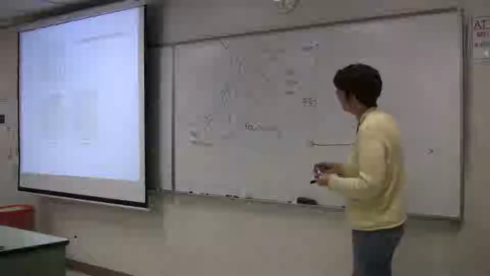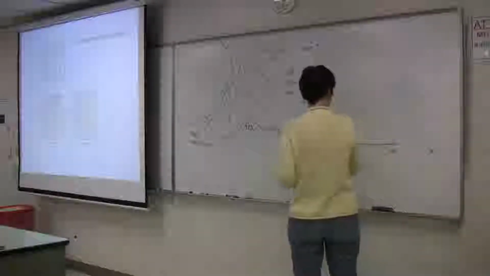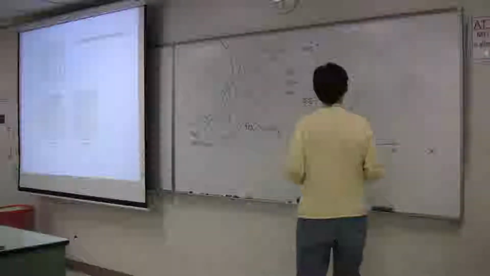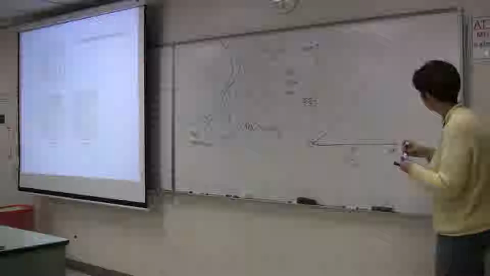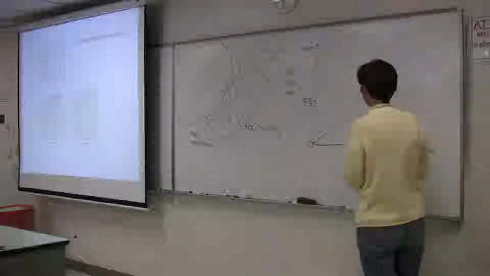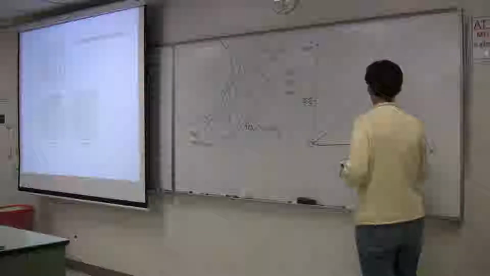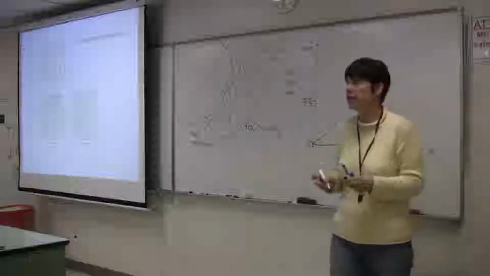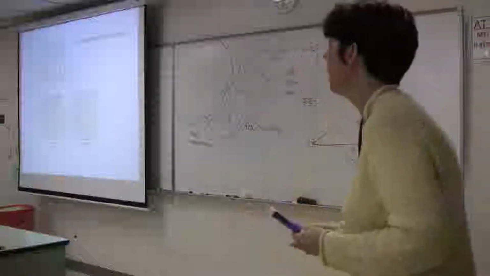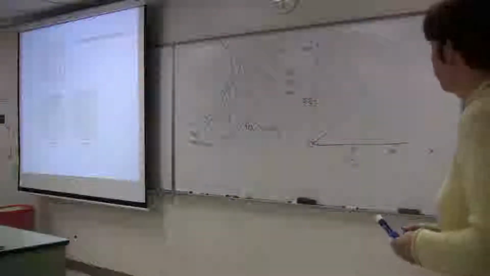So our typical oxygen dissociation curve looks something like this. It has two distinct regions that reflect those two environments that hemoglobin needs to function in. All right?